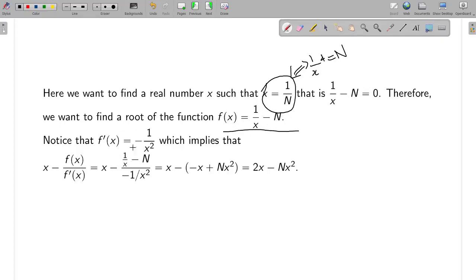So what is the derivative of this function? It is nothing but minus 1 by x square. The derivative of n is 0 because that's constant. So compute x minus f of x upon f prime of x. After cancelling terms, you will get 2x minus n x square. And you can see this formula requires no division. We are only multiplying and subtracting.